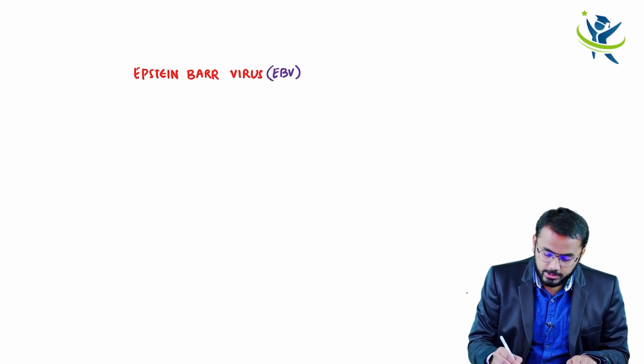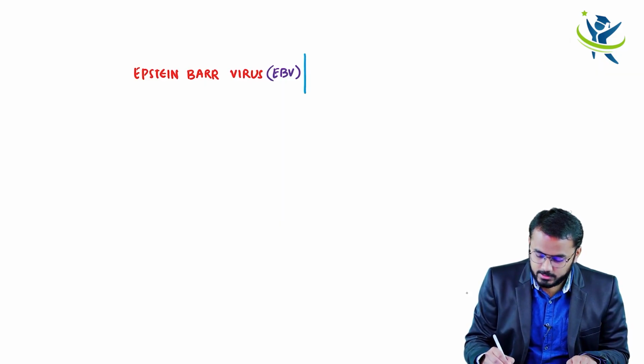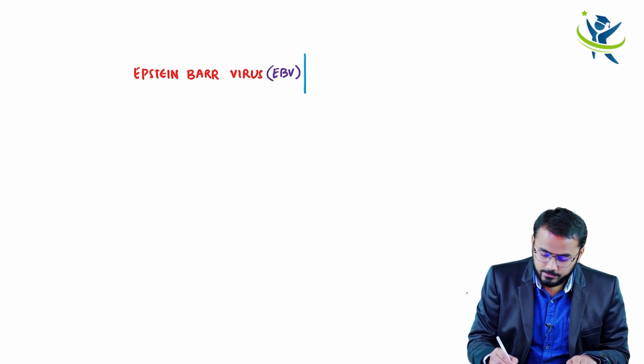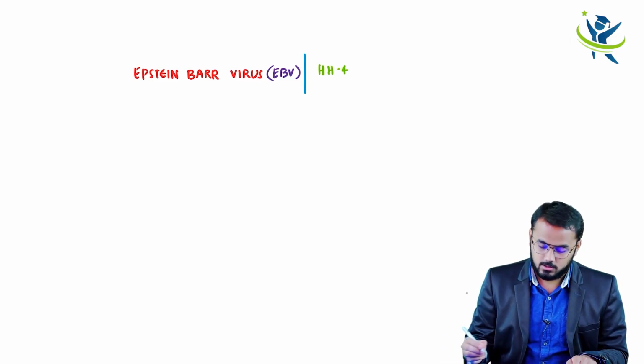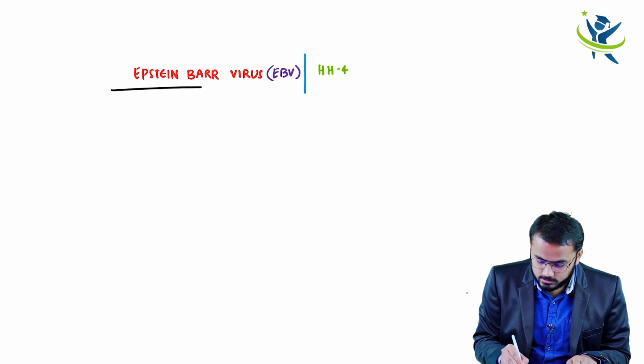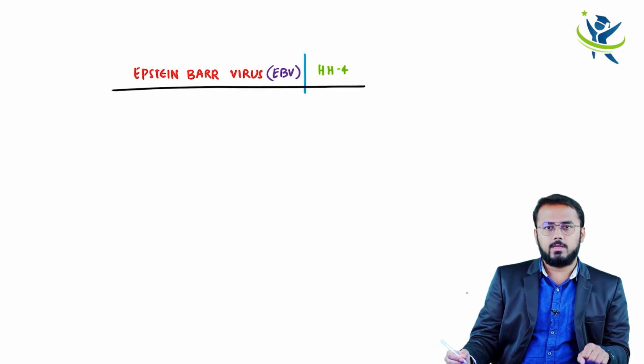Right. So as I already told you, the other name for this Epstein-Barr virus is, what is the other name, guys? The other name for this is Human Herpes-4 virus. So Epstein-Barr virus is also called Human Herpes-4 virus.